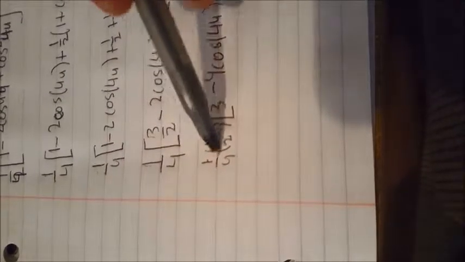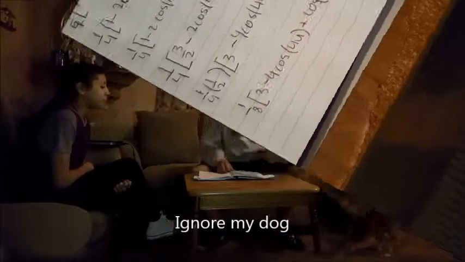And then you're going to multiply the 1/4 over half, and you'll have 1/8 (3 minus 4 cos 4u plus cos 8u), and that will be your answer.